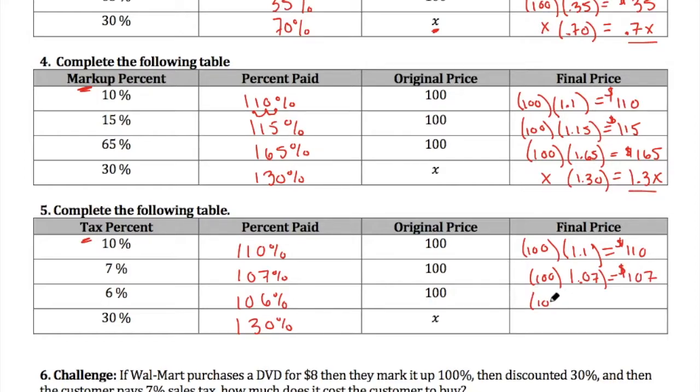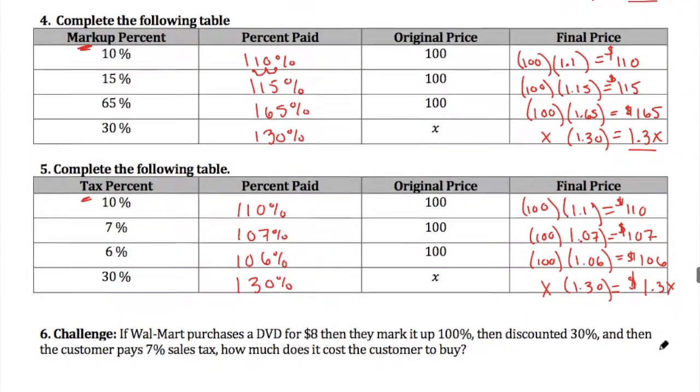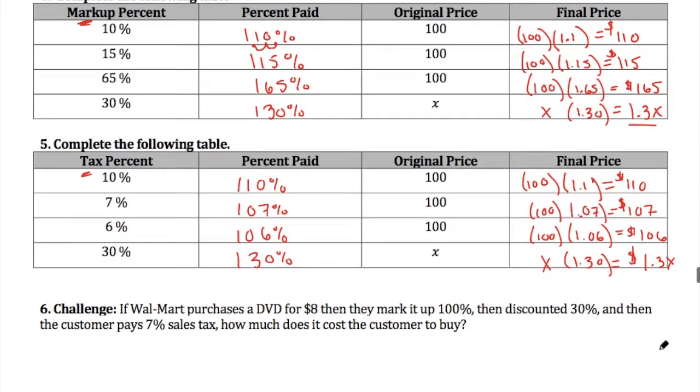And if we have $100 times 1.06, we'll get $106. So what happens if we have X times 1.30? Hopefully it's not something you just purchased at that kind of tax rate. That's a high one. All right, so 1.30 times X would just be 1.3X. Awesome.